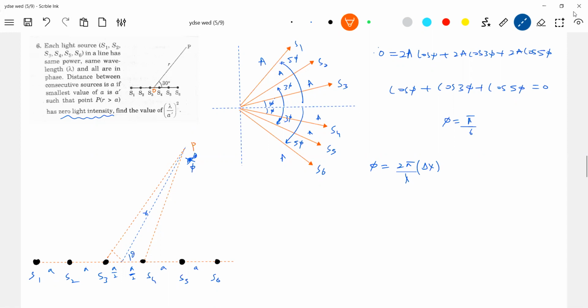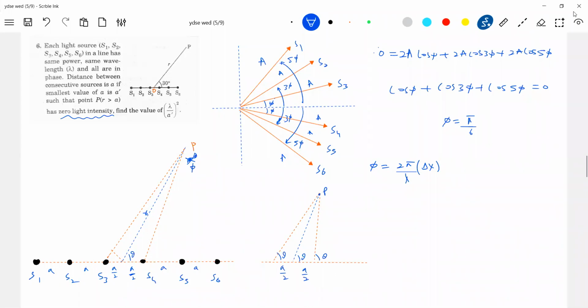Since r is very much greater than a, I will draw the small diagram. What is the angle? This will be theta, this will be theta, this is a by 2, this is a by 2.